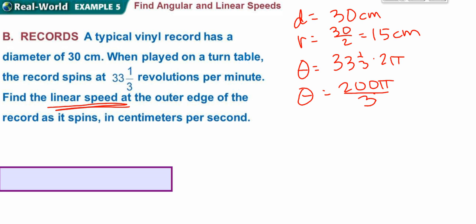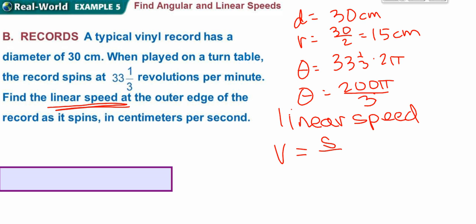So there's r, there's theta, and now we need the linear speed. V equals S divided by T, or r theta divided by T. I'll write both versions.